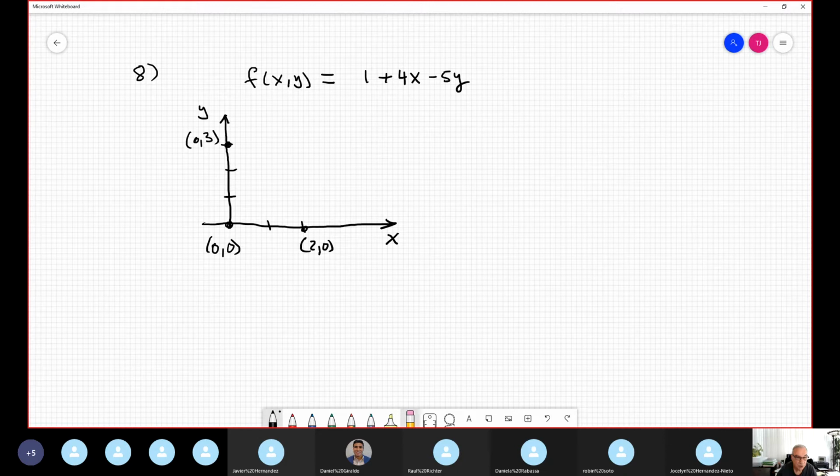When we connect these corners, we have a triangle like that. Our region is something like that. So inside the region, not outside. I don't care about any point outside. Inside the region, I need to investigate what is the global max and min.